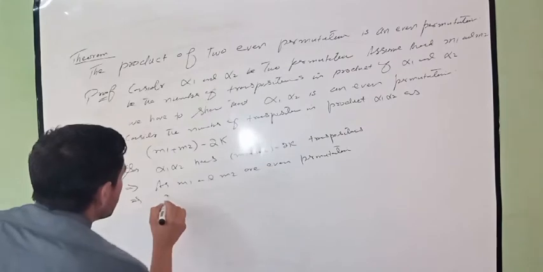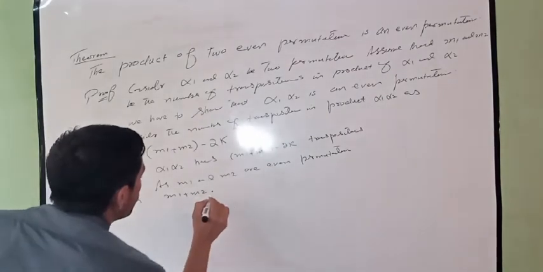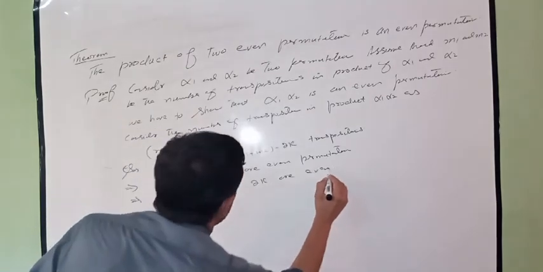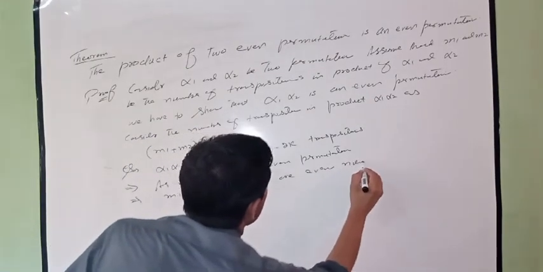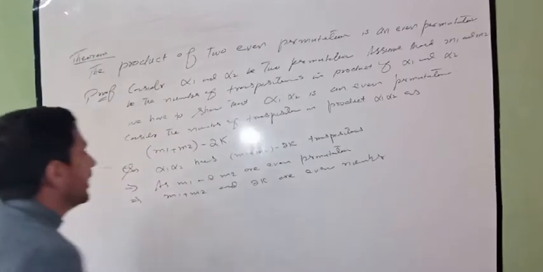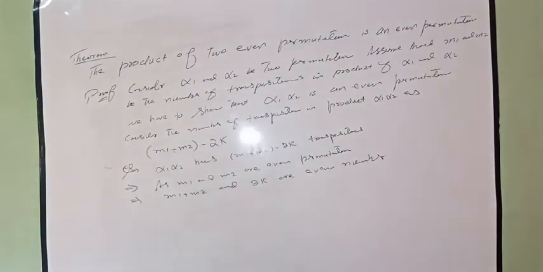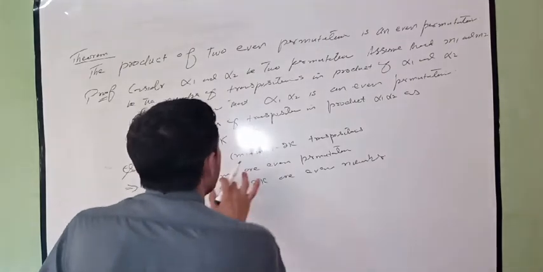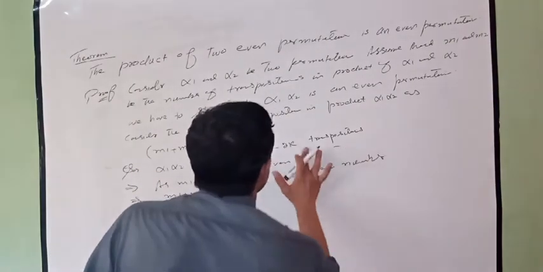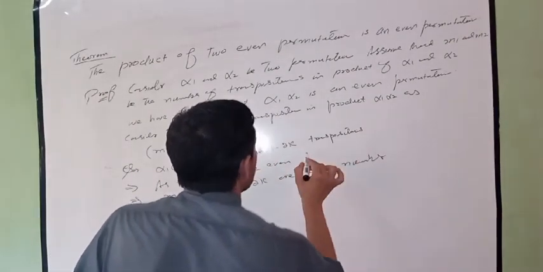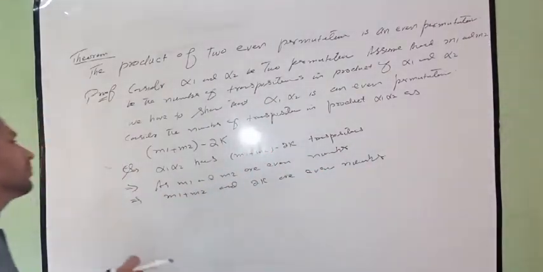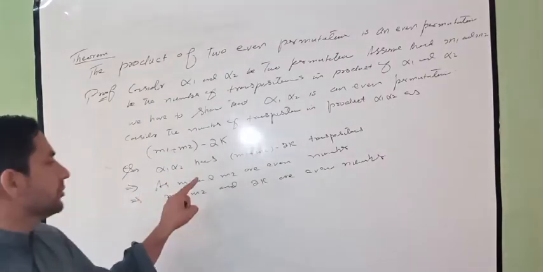So this implies m1 plus m2 and 2k are even numbers, where m1 and m2 are the numbers of transpositions, and both of them are even.